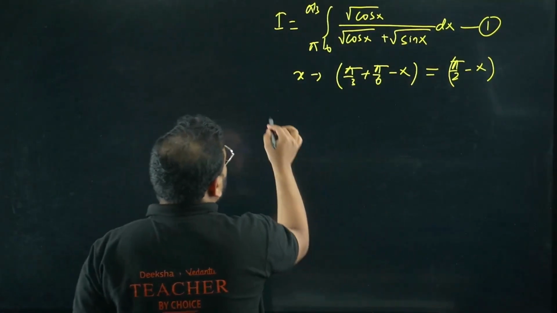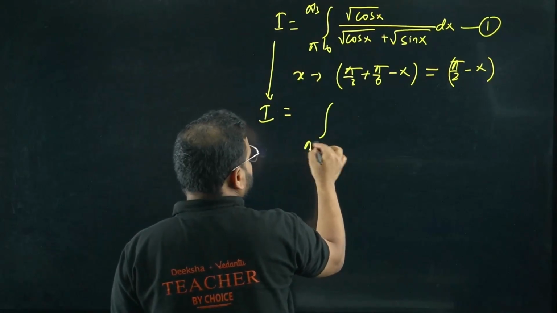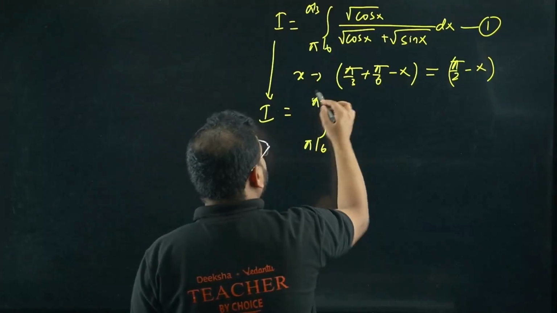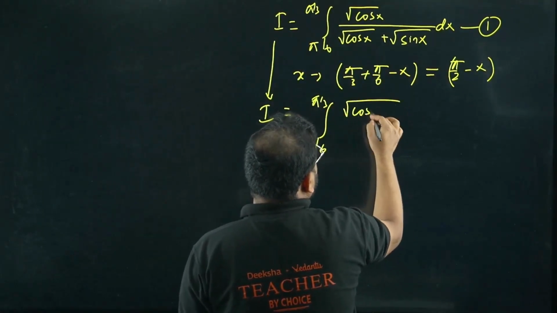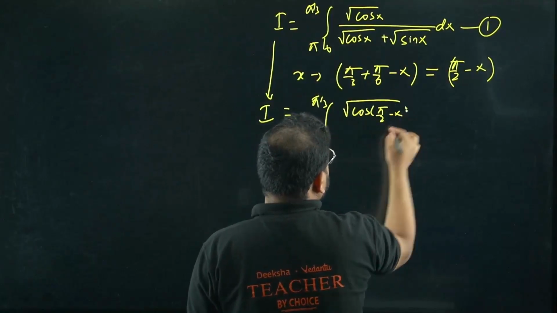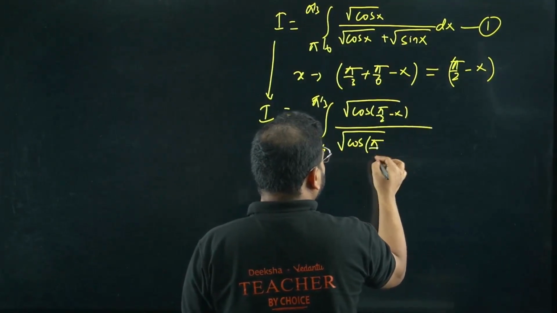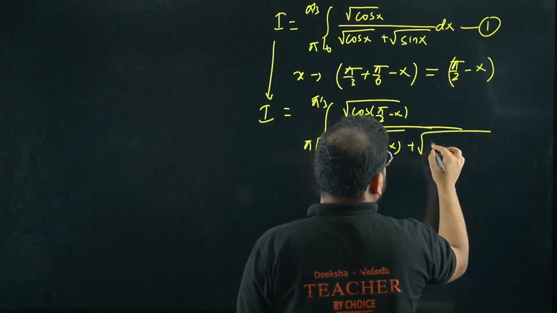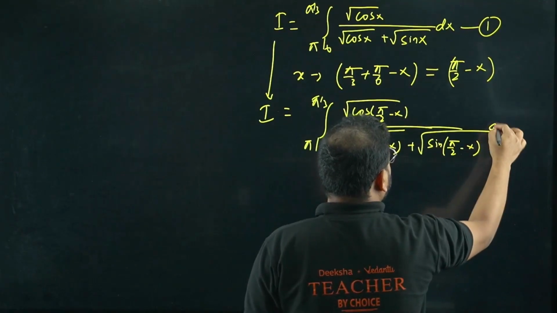So replace x by that, you get this integration I equals to, limit will not change if you remember the property. What I have now is, please check, root of cos pi by 2 minus x divided by root of cos pi by 2 minus x plus root of sine pi by 2 minus x. dx is there.